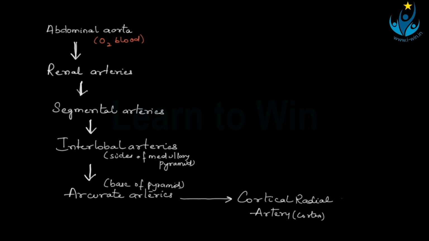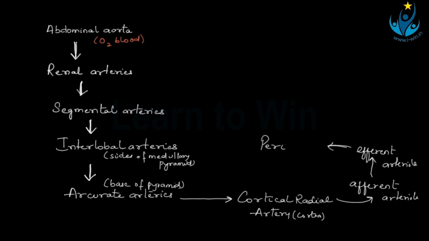The cortical radial artery will divide into the afferent arteriole, and this will form the efferent arteriole, which will form another structure called the peritubular capillaries.